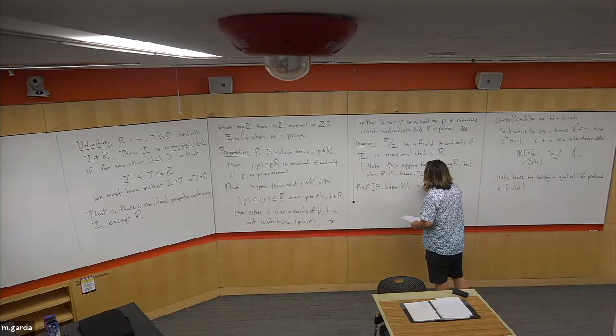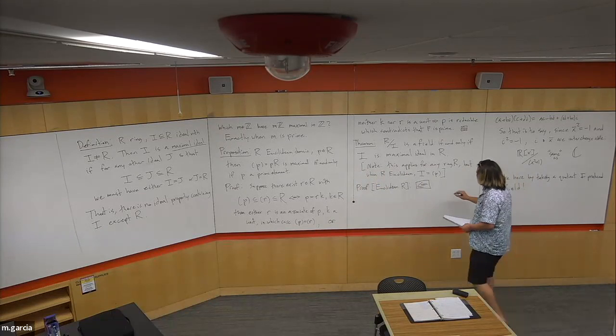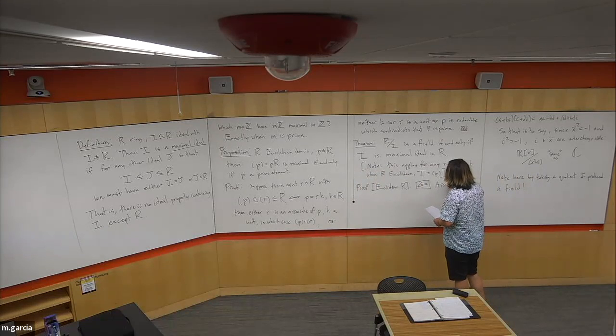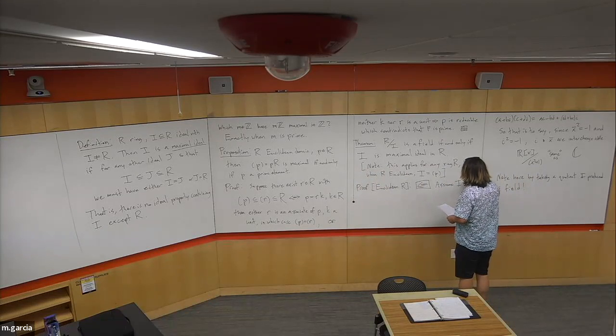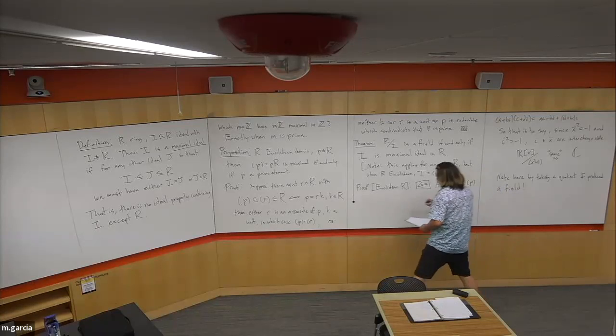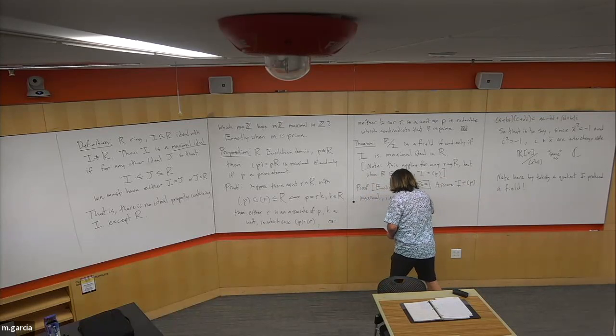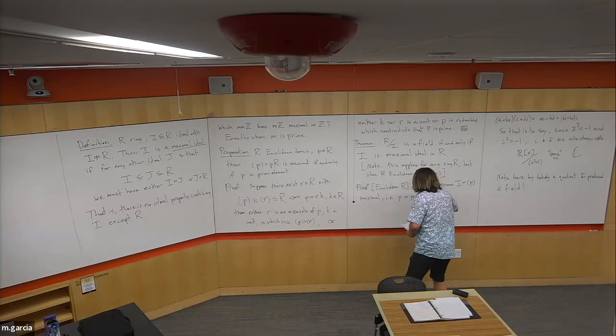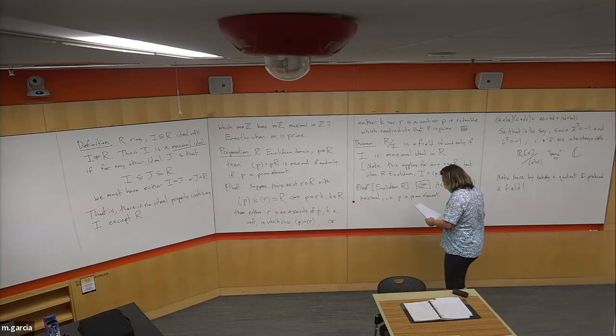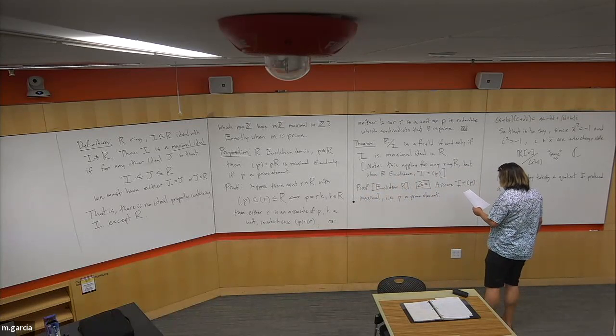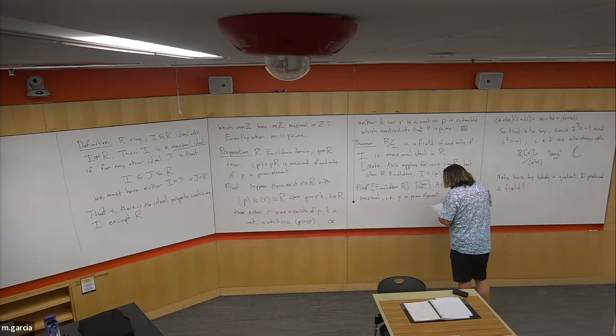let's start with the backwards direction. We'll assume I is maximal. That is to say, P a prime element. Okay. Then we have a couple cases. Right?